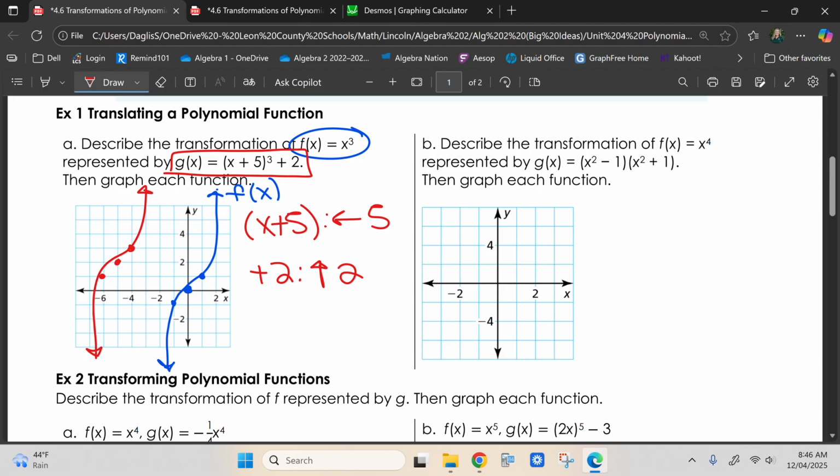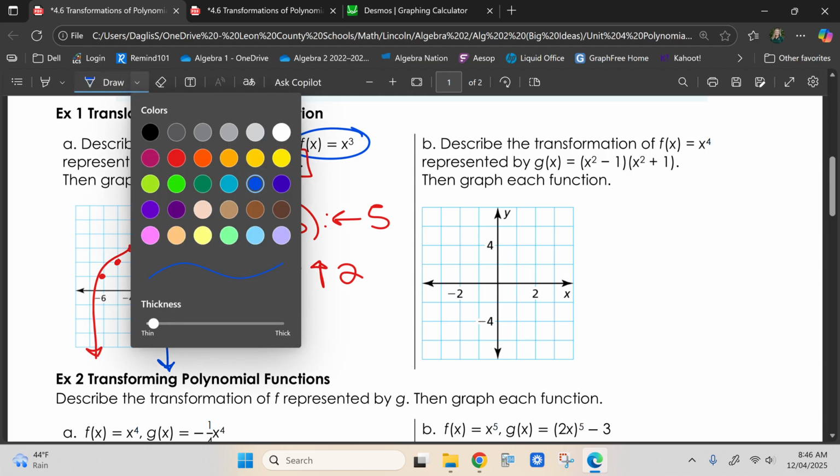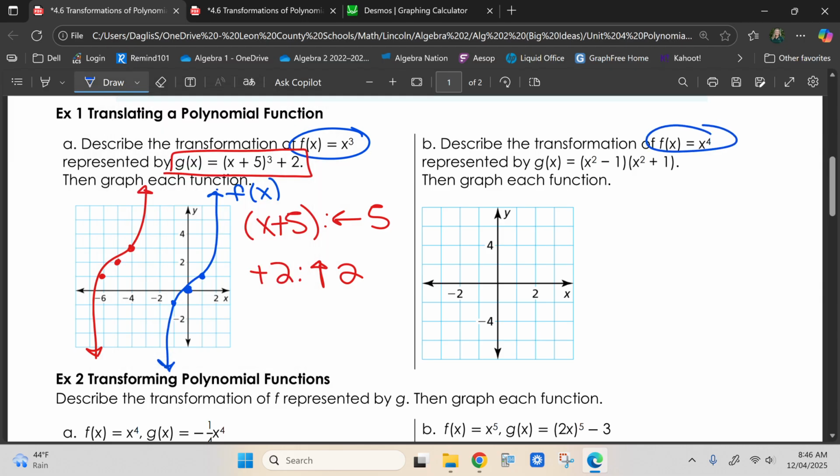First of all, we're dealing with x to the power of 4. You've never graphed that, have you? No. Well, that's kind of what I did over there. If I plug in 0, what is 0 to the power of 4? 0. How about 1? What is 1 to the power of 4? 1.